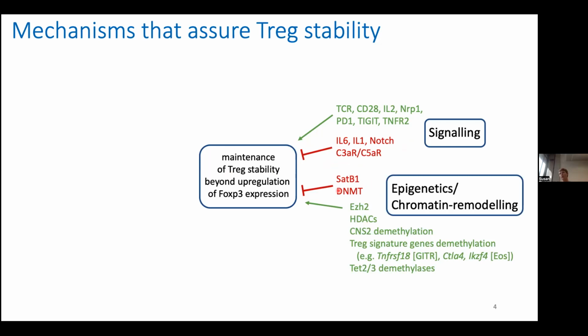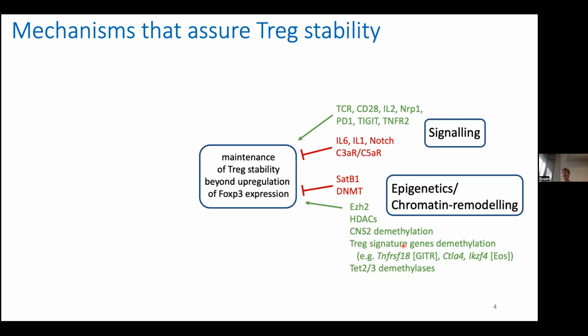A threat to the epigenetic landscape of Treg are chromatin remodeling or organizing proteins such as SATB1 and methylases like DNMT1. On the other hand, there are mechanisms to promote Treg stability. Yeah, demethylation by TET enzymes.